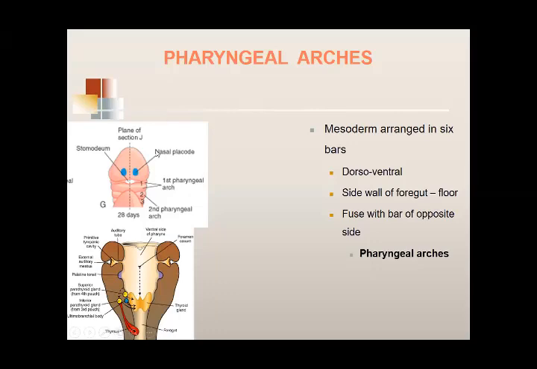Let me show you here: these are the bars, they come forward along the side wall of the pharynx and meet in the midline. This is the first arch, second arch, third arch, and so on.